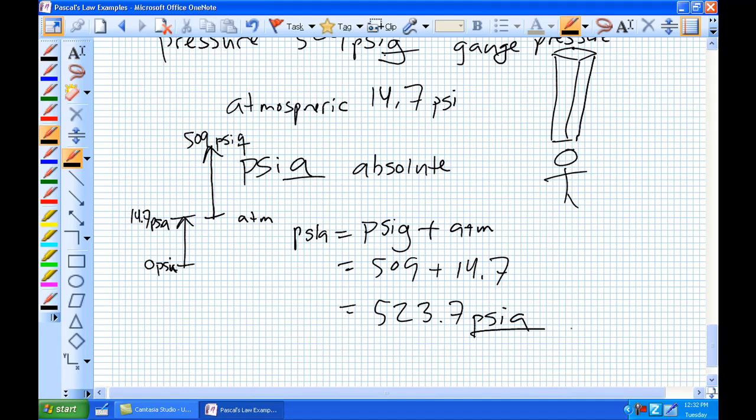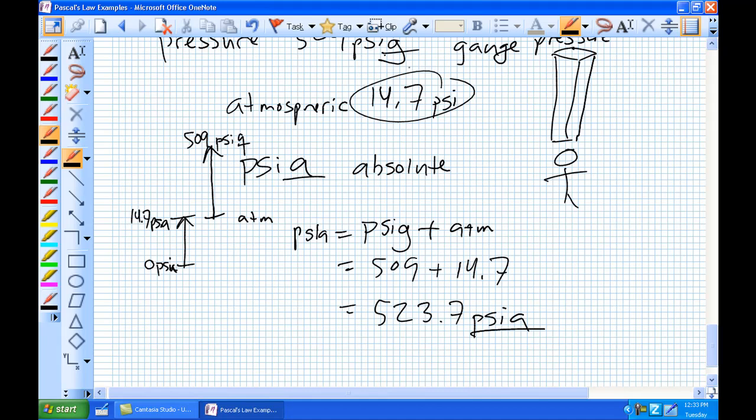So there's a difference. What's the difference? Atmosphere. Absolute pressure is always 14.7 psi higher than gauge. And that 14.7 psi varies depending on where you are on the globe, whether you're on the mountains or down at sea level. But typically it's 14.7 psi.